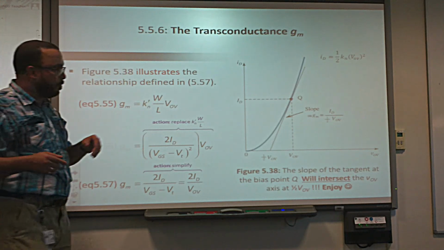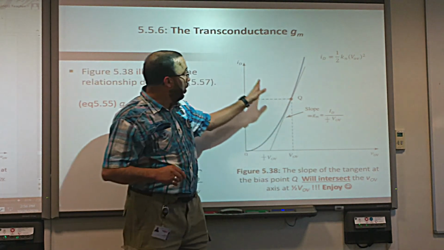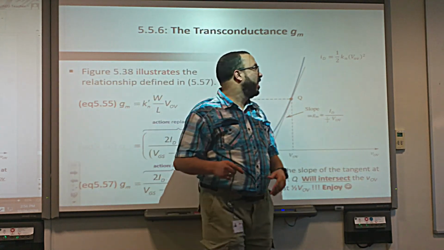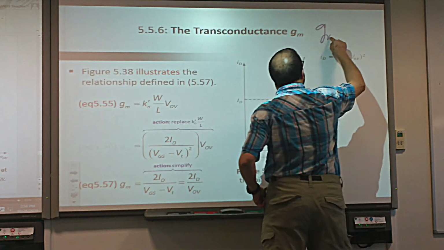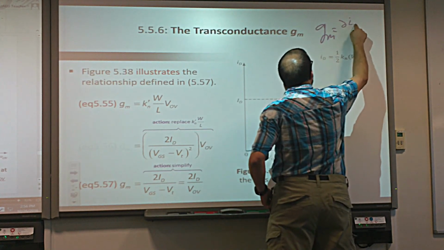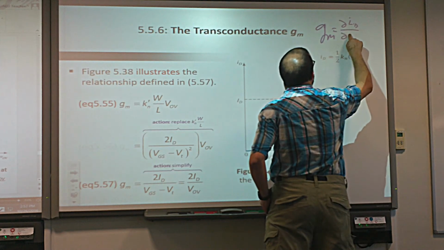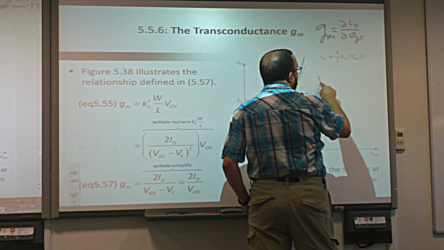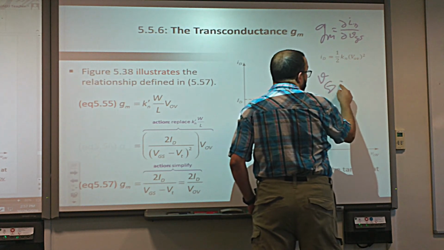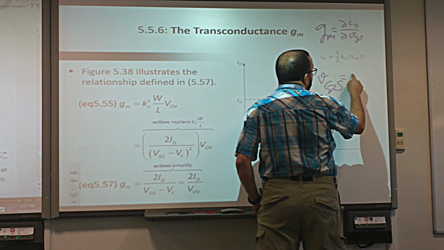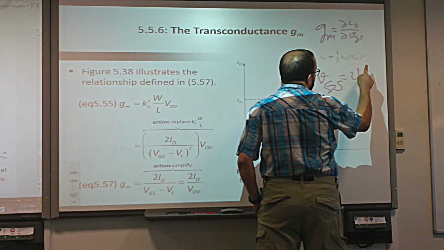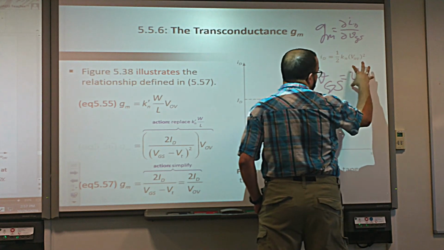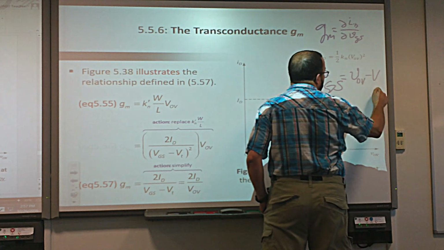Now we come to discuss GM further. We said GM, as we explained just now, is basically the slope of the curve ID versus VGS or ID versus V overdrive. Why? Because remember, GM is the derivative, or the change, of ID current with respect to the input voltage. Yes or no? Yes. But you know also that VGS, which is continuous, is equal to V overdrive, which is also instantaneous, plus VT, yes or no?